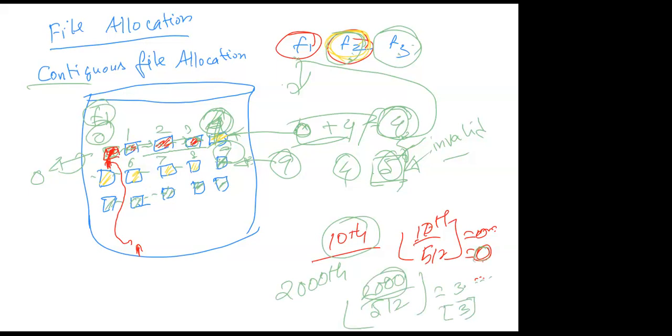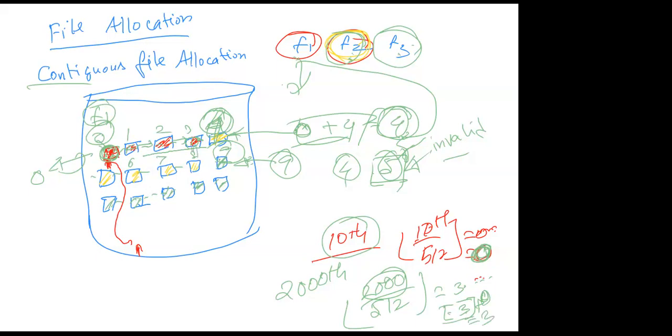Also, you know that logical block 0 is stored in physical block 0. So you just add the starting block number 0 and the logical block number 3, and you get 3.